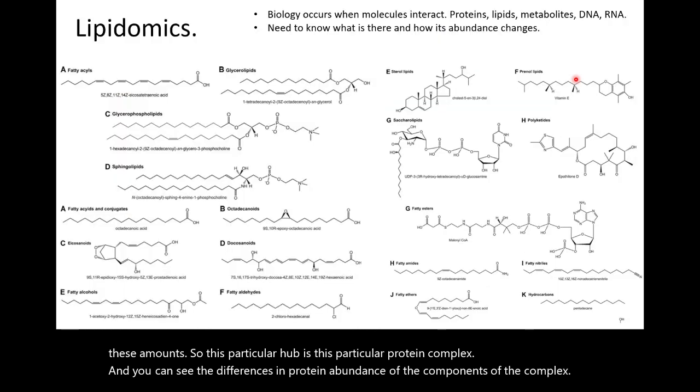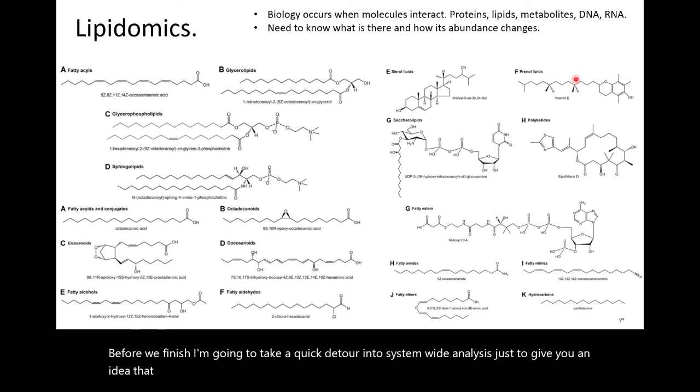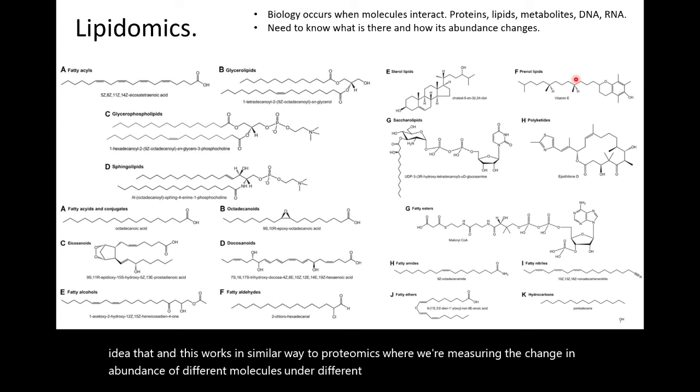Before we finish, I'm going to take a quick detour into system-wide analyses, just to give you an idea of this. It works in a similar way to proteomics, where we're measuring the change in abundance of different molecules under different conditions to add another layer of what is going on within the cell.